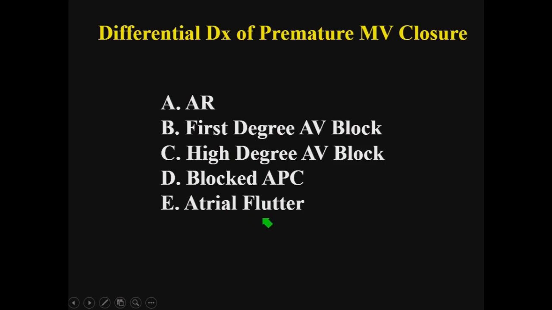The reason is that if you have atrial kick during diastole to a ventricle that is not really compliant, what happens is that the pressure in the left ventricle increases above the atrial pressure. Why above the atrial pressure?